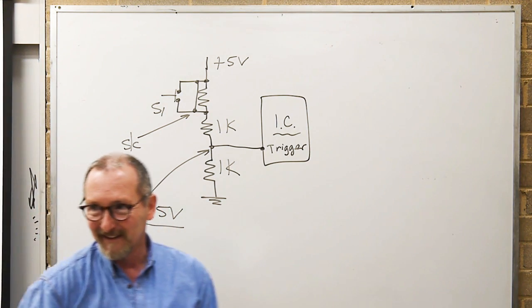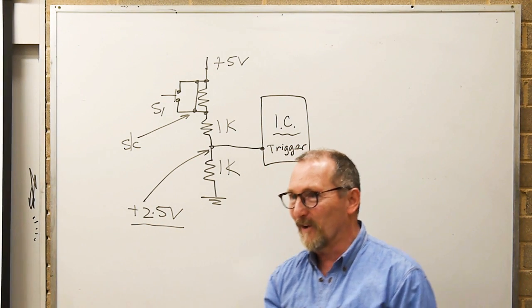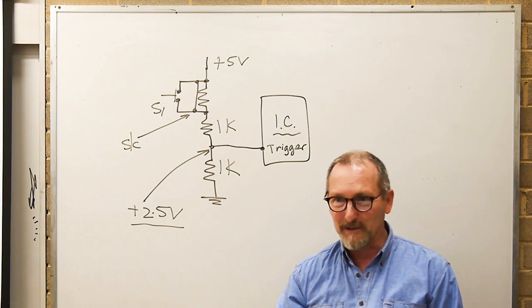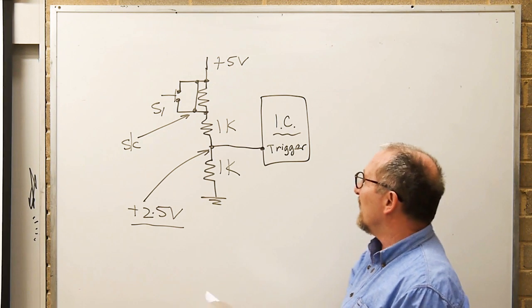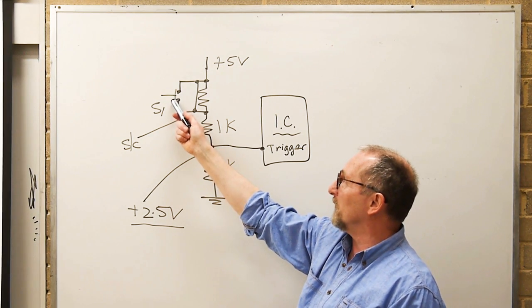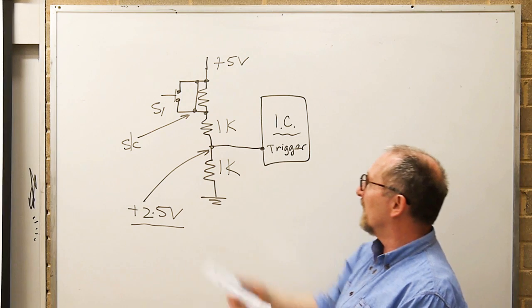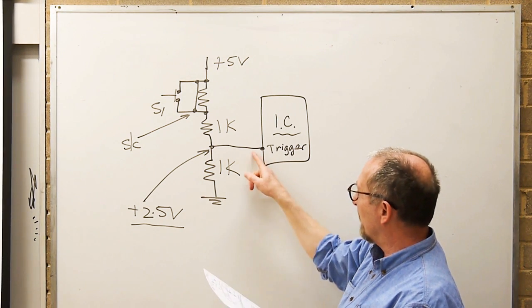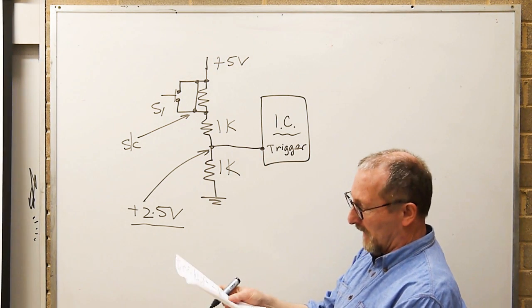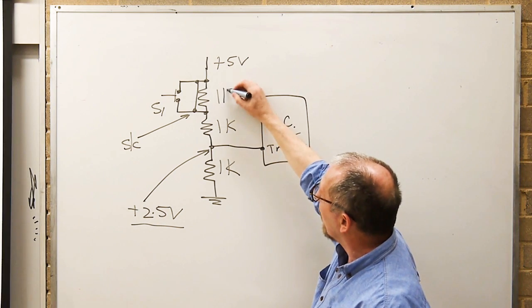Comments? It's only a voltage divider, people, that's all it is. If the switch had not been depressed and been open, how much would we have had at that point there? Let me see, that was also 1K.